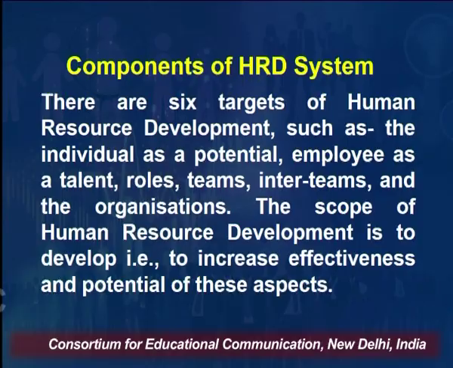Now let us discuss the components of the human resource development system. There are 6 targets of human resource development in any organization: individuals as a potential, employees as a talent, roles, teams, inter-teams and the organization.